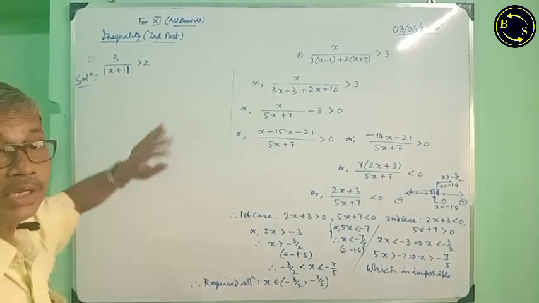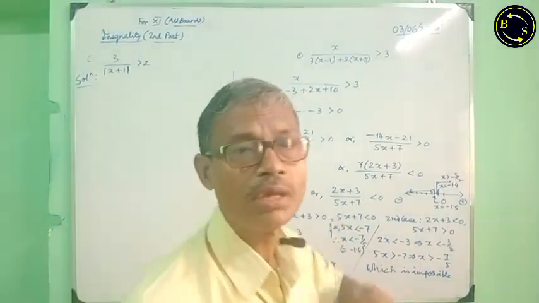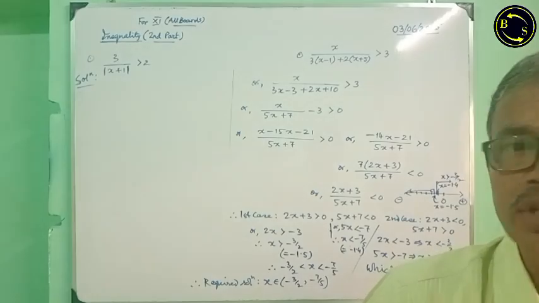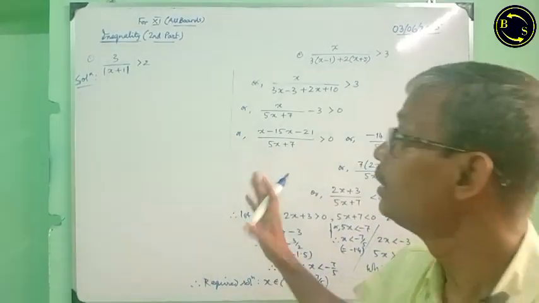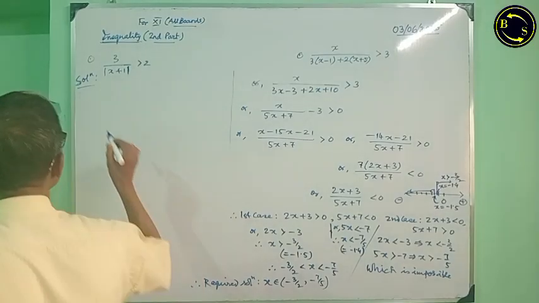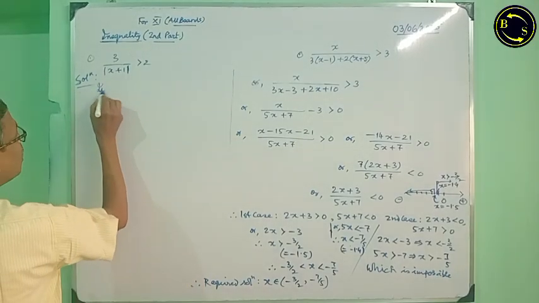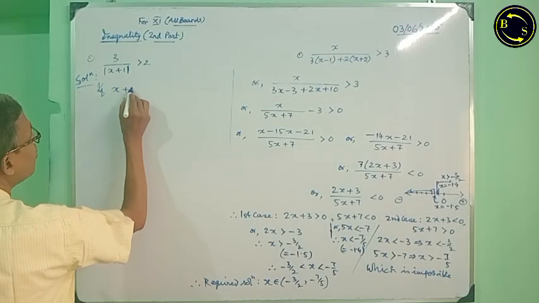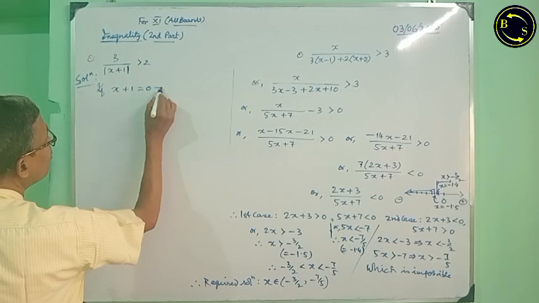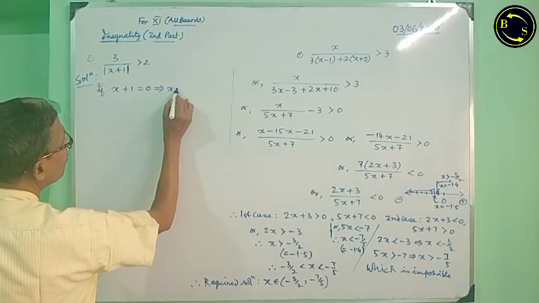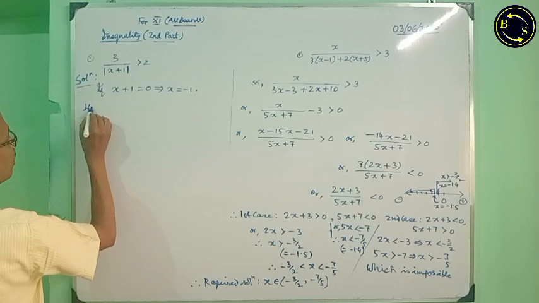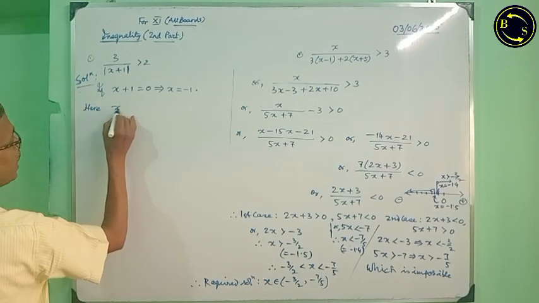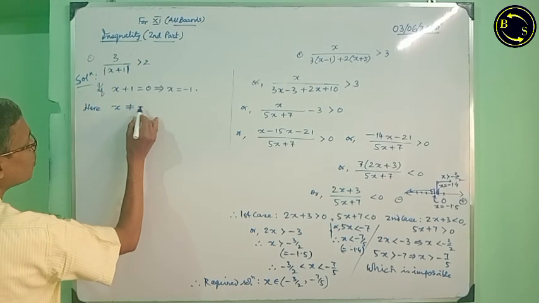Therefore denominator involves variable, but denominator cannot be 0. Therefore we first consider x plus 1 where x is not equal to minus 1.